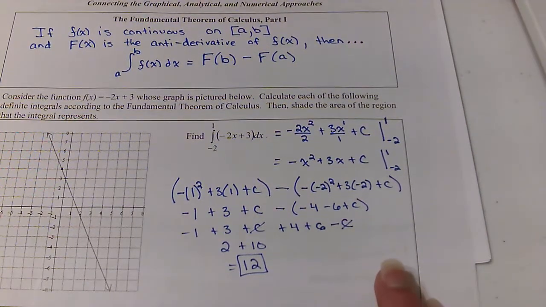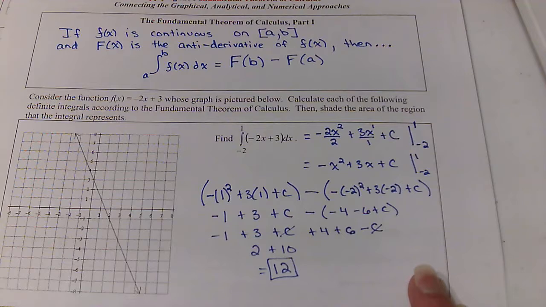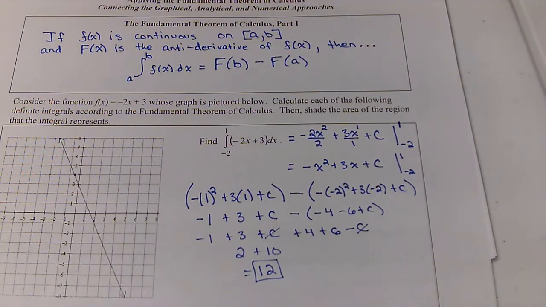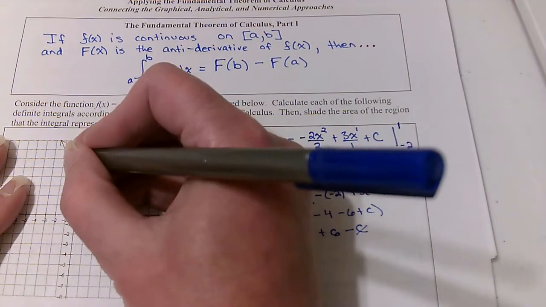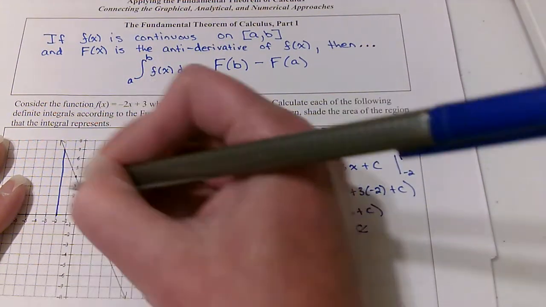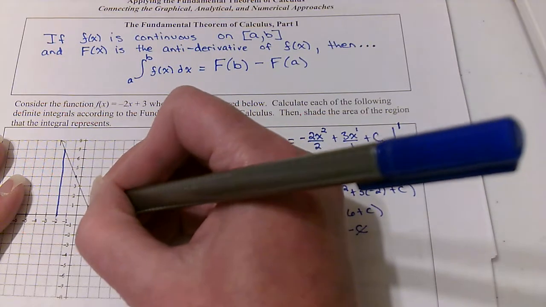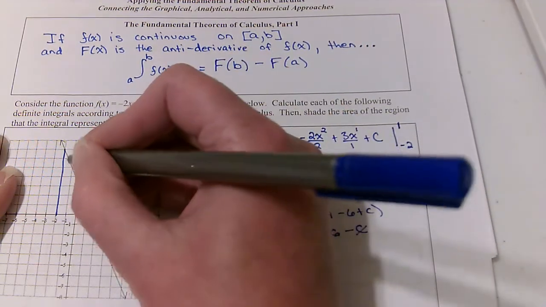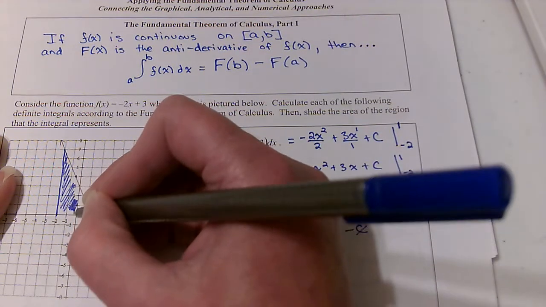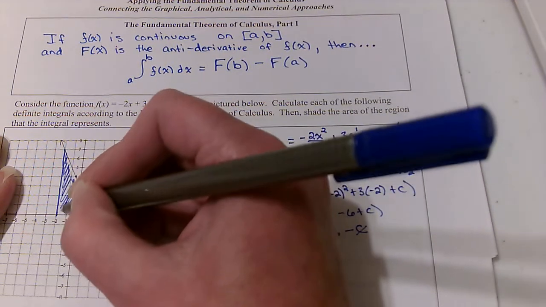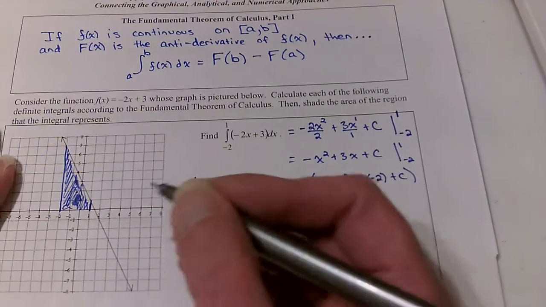An integral in terms of area is something we looked at last time. It's the area under the curve between negative 2 and 1. So we're talking about this area right here. And that's a trapezoid if you turn it sideways.